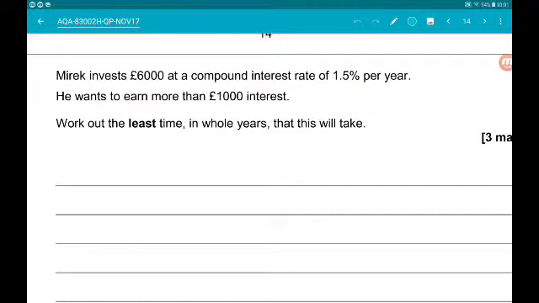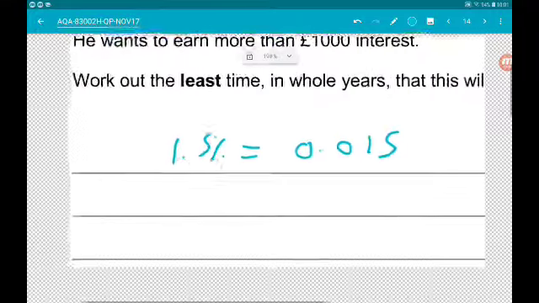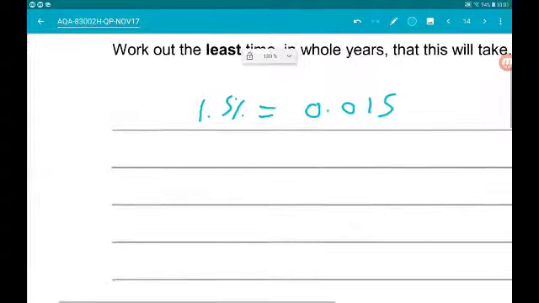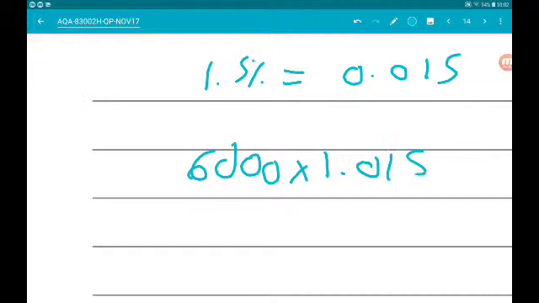So, we do need to use decimal multipliers. So, 1.5% divided by 100 turned into a decimal is 0.015. So the formula that we're going to use is 6,000 times 1.015 to the power of t.